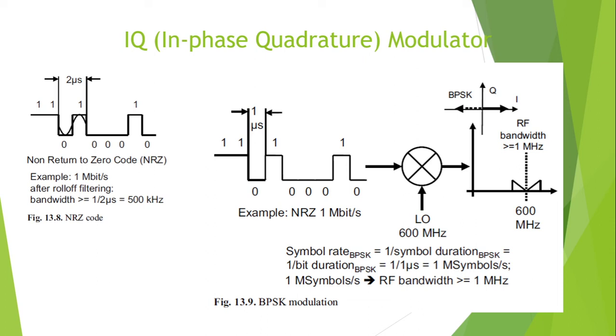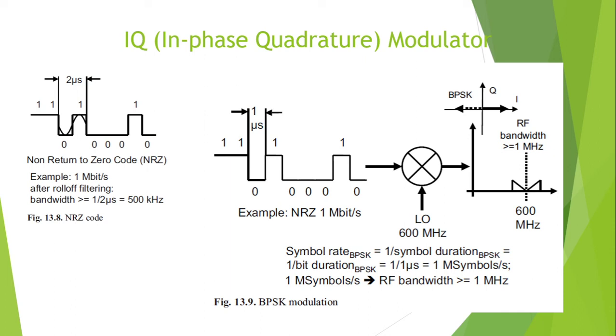Looking at figure number 9, with a data rate of 1 megabit per second with BPSK, the symbol rate is 1 mega symbol per second. The minimum bandwidth required always corresponds to the symbol rate. That is, 1 mega symbol per second requires a minimum bandwidth of 1 megahertz.